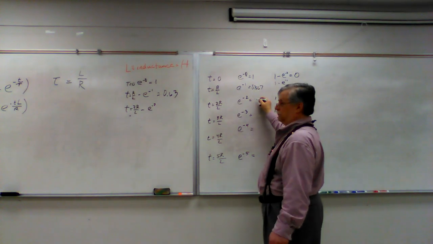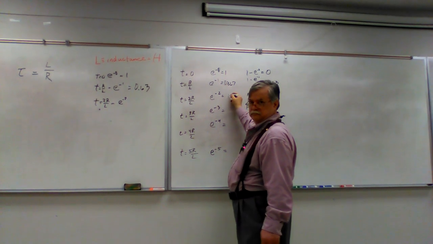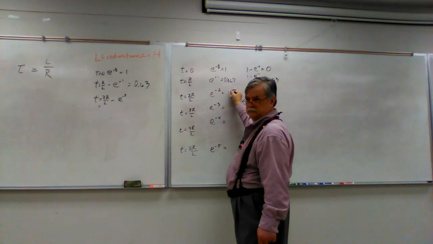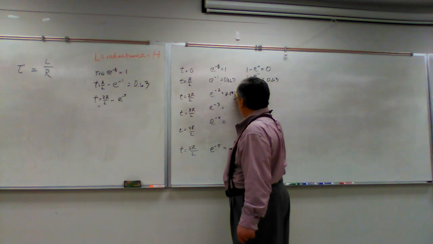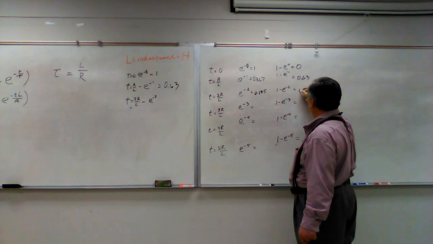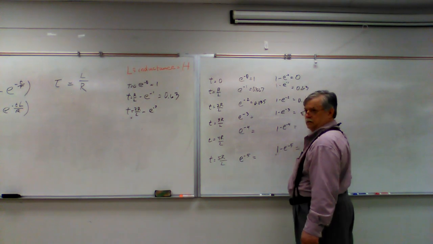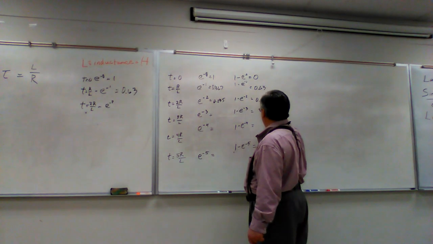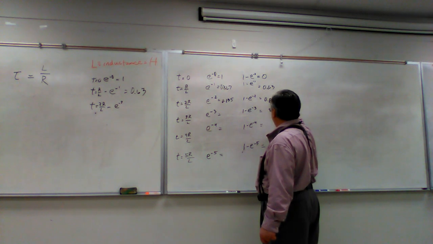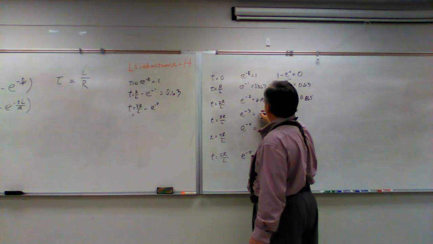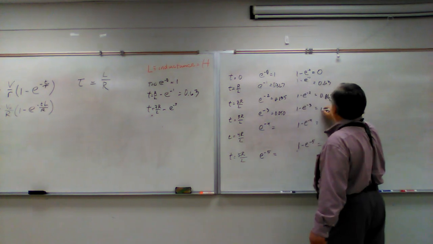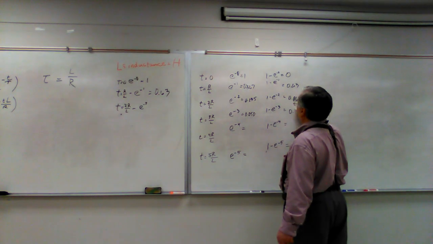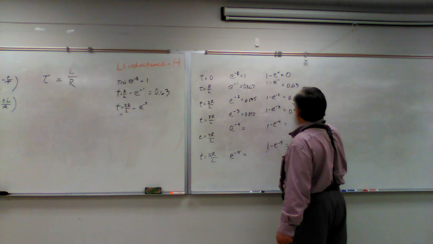Okay, what's e to the minus 2? 0.135, so 1 minus that is 0.865. E to the minus 3, and 1 minus that is 0.950.